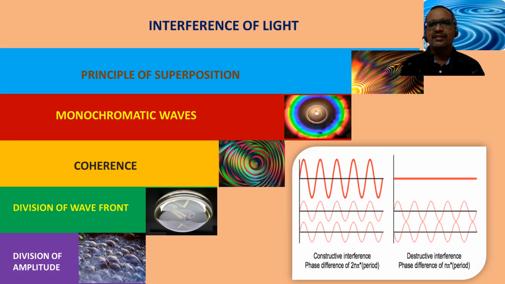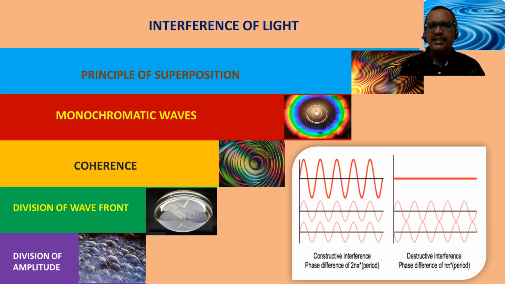Now see the second case, where the crest falls on the trough of another wave, and the trough falls on the crest of another wave. In this case, the first wave has displacement Y1, and the second wave has displacement in the opposite direction, Y2, therefore the resultant displacement is Y1 minus Y2.